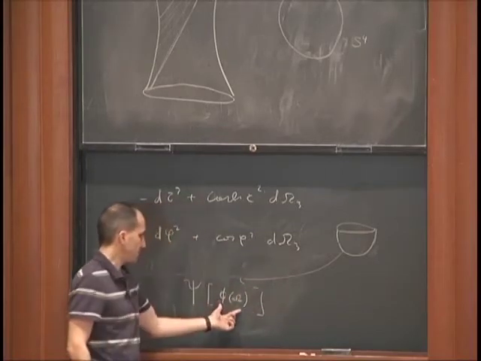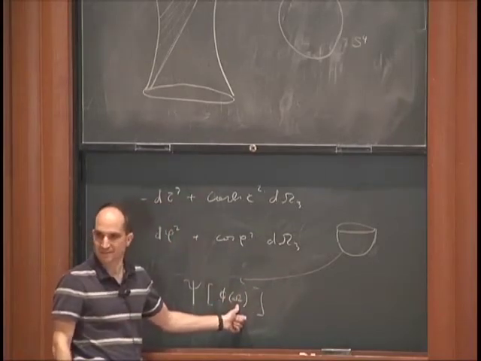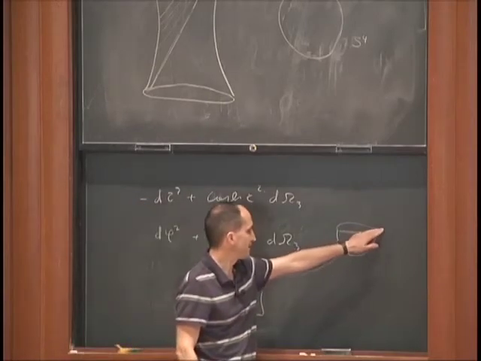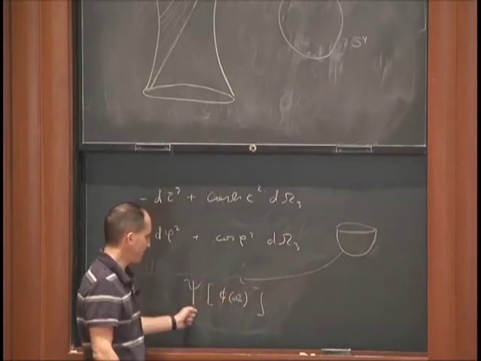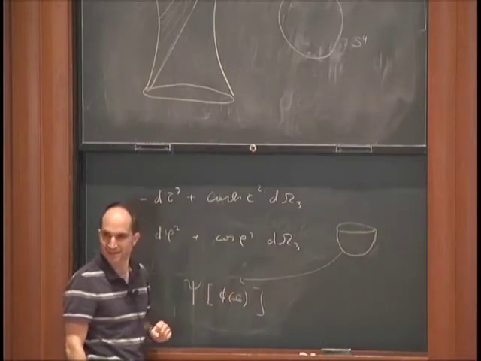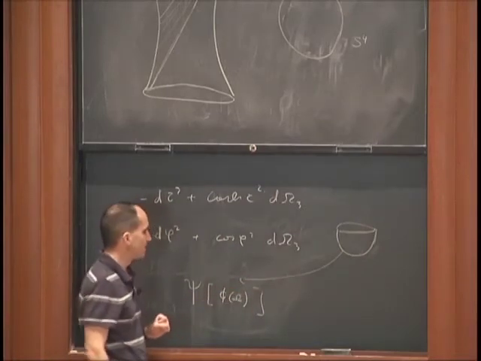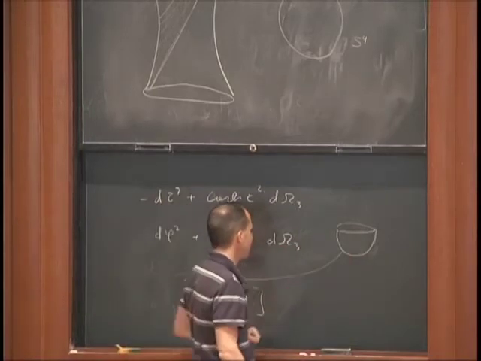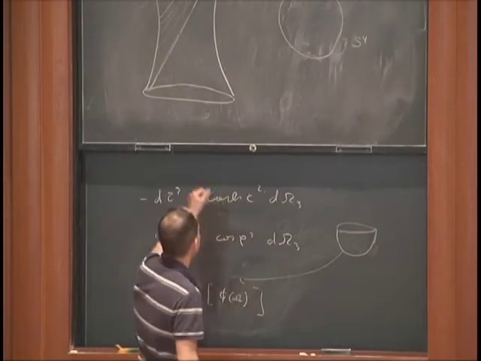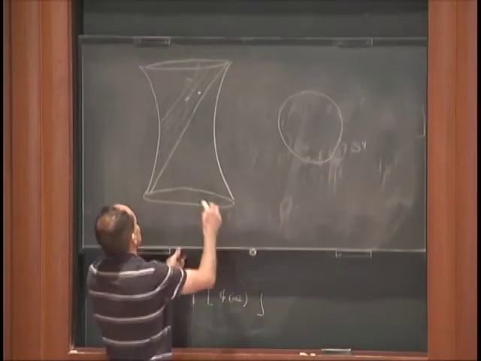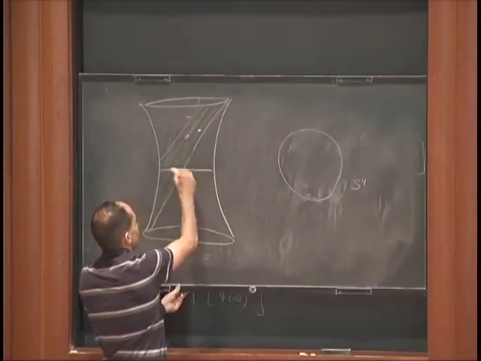So it depends on a function on a 3-sphere, right? The function on a 3-sphere is the value of the field on this 3-sphere, and doing the full path integral will give us a number for each function. Okay, that's the full wave functional, and we can view this as the wave functional of the field at tau equal to 0 in the hyperboloid.